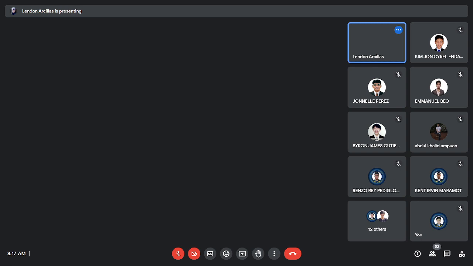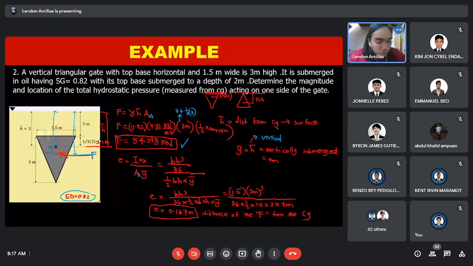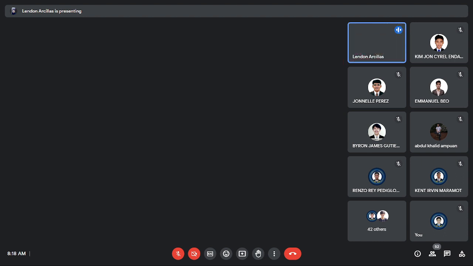So, H bar there is vertical distance from CG to surface. Okay, so this is, balik tayo. H bar. Okay, ano pa bang kailangan natin?